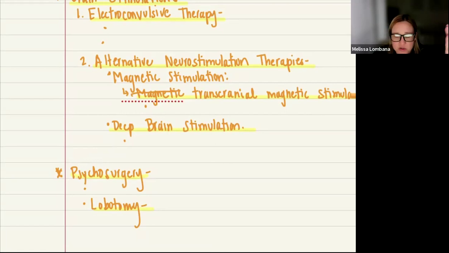And then psychosurgery is basically where they remove or destroy brain tissue that they see as a problem, still used today.